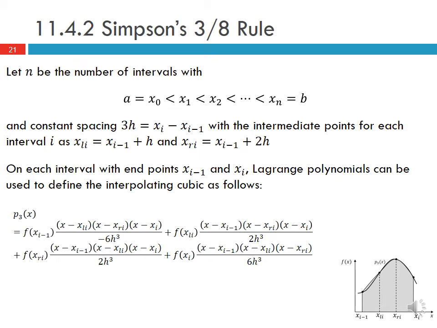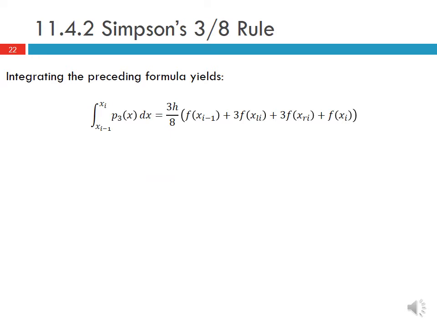In the graphic, we've got our interval defined between here and here, we've got our two intermediate points, and we define a cubic polynomial that passes through all of those points. If we integrate that, we get the expression shown here.